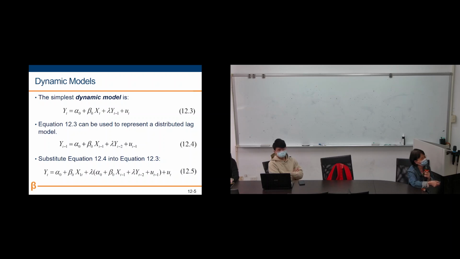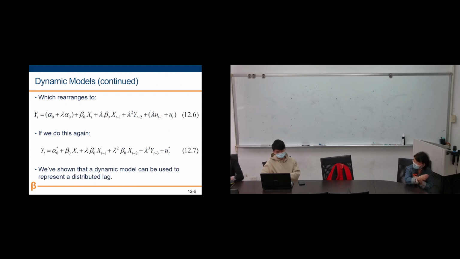So 12.3 becomes this: this part is the same as before, and u t is the same, but I replace these parts with everything up here. Since I plug everything into these parts, that's why I have everything here, plus the u t. All right, let's go on.